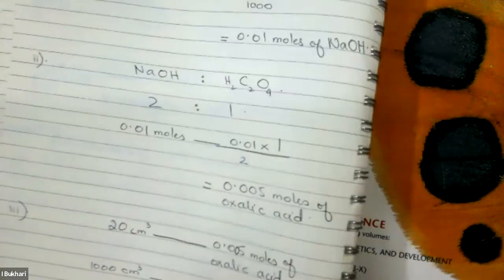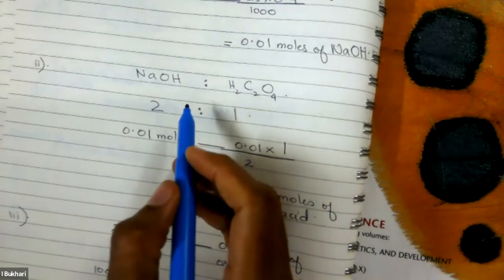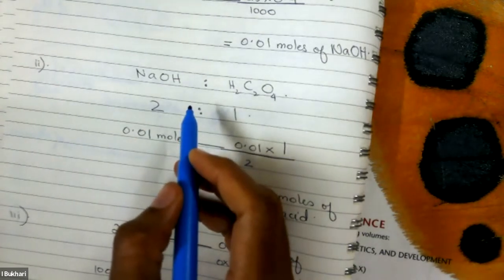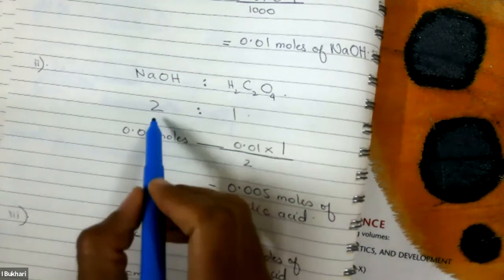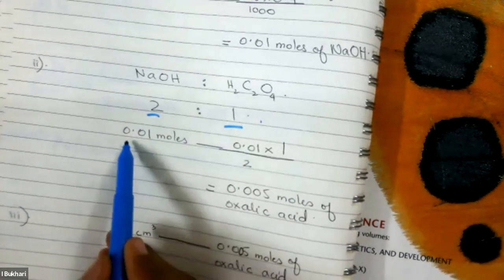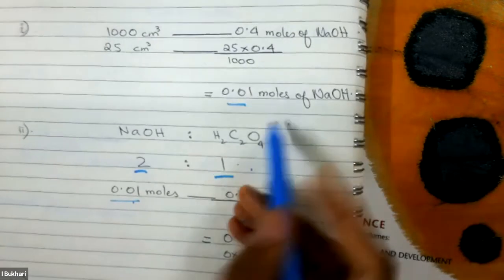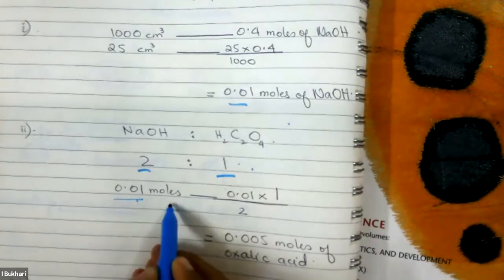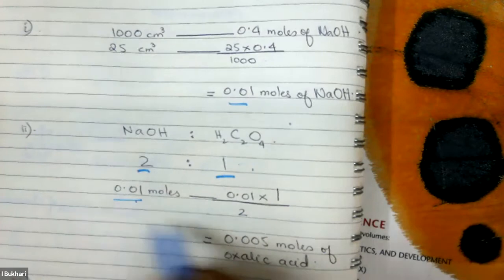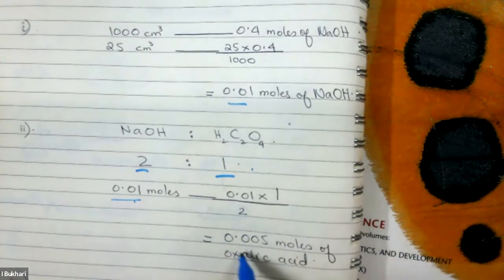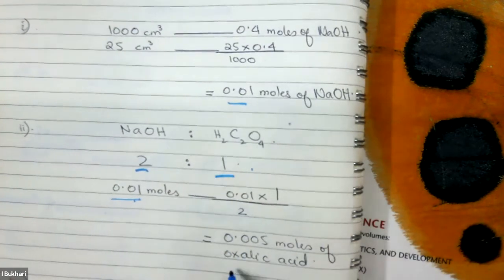According to the equation, the ratio of sodium hydroxide to oxalic acid is 2:1. We know the number of moles of sodium hydroxide, 0.01 moles. With a simple ratio method, I divided by 2 and got 0.005 moles of oxalic acid.